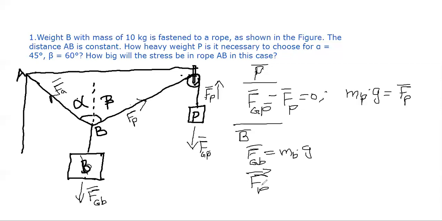It is the force with which the rope P is pulled. Similarly, FA is the force with which the rope is tied to the wall. The wall is pulling up this weight using the force FA.